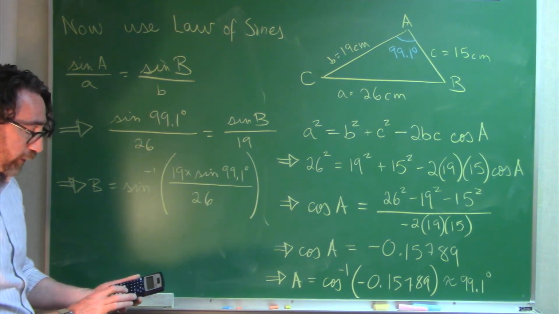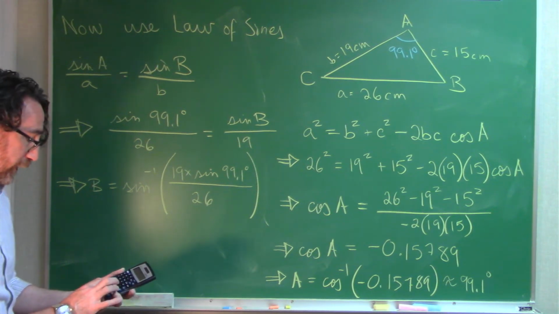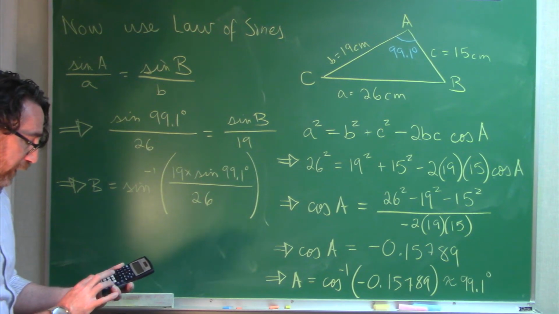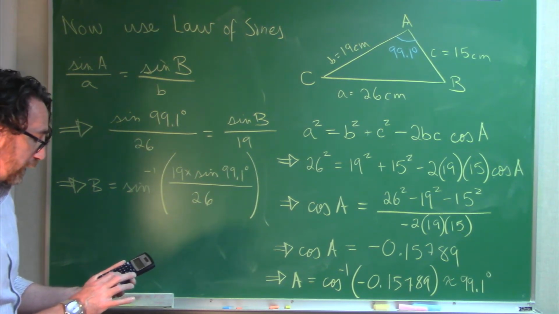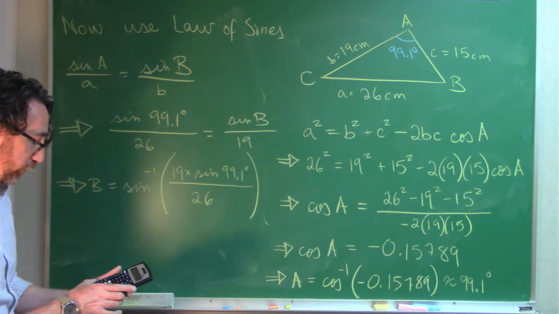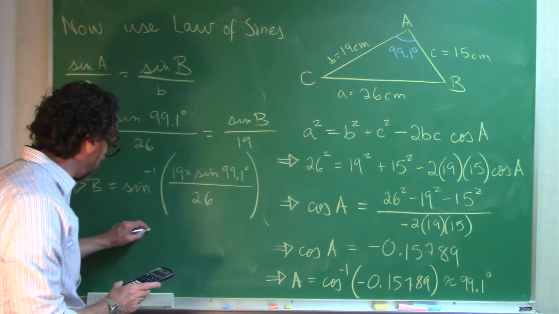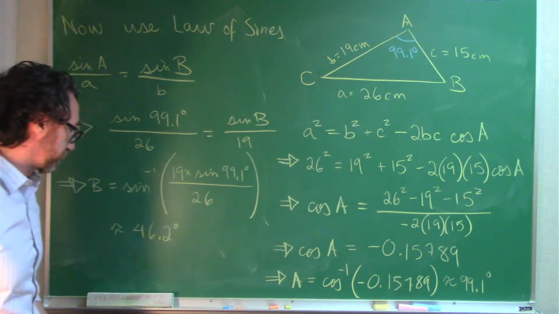So we do our number crunching here. Sine inverse of 19 times sine 99.1, close that parenthesis, divide by 26, close that parenthesis, equals, and I'm getting approximately 46.2 for angle B.